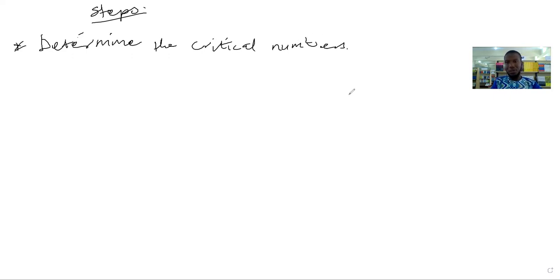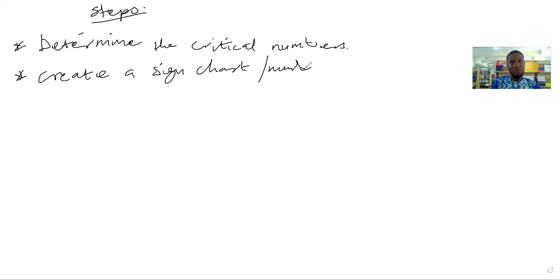These critical numbers are the solution set for the quadratic function involved. Then number two, you create a sign chart or a number line. Then number three, find the range of values by testing.